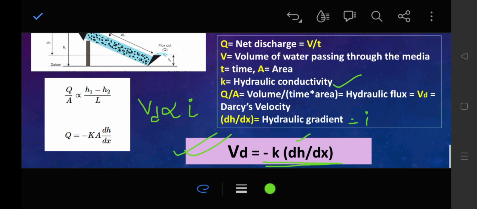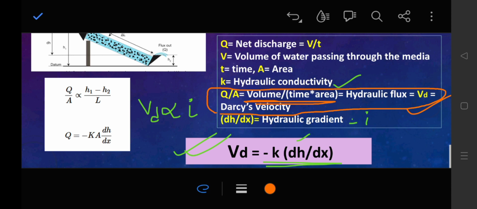Again, it should be noted that this Darcy's velocity term can also be represented as hydraulic flux, because it is nothing but the volume of water that is being transferred per unit time per unit area.